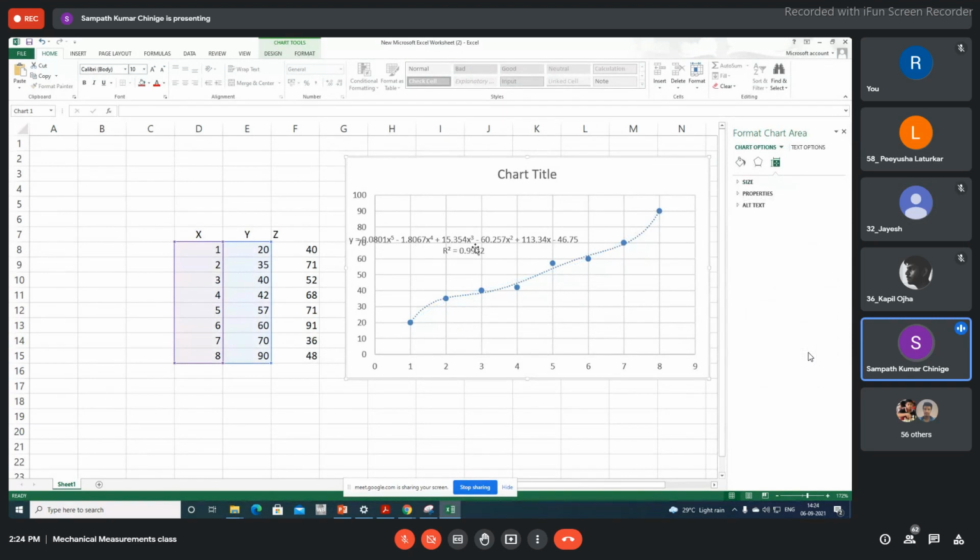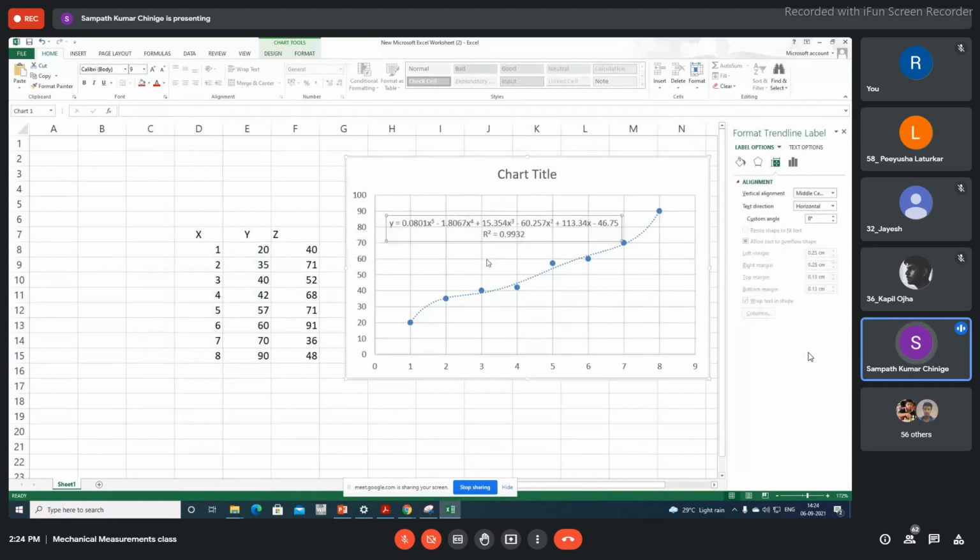What is the value of this one? 0.9932. So this is 0.9932, but the order of the expression is this one. This expression I will communicate to the world as the equation to use for this data. For any intermediate data to get accurate prediction, I will use this particular expression.